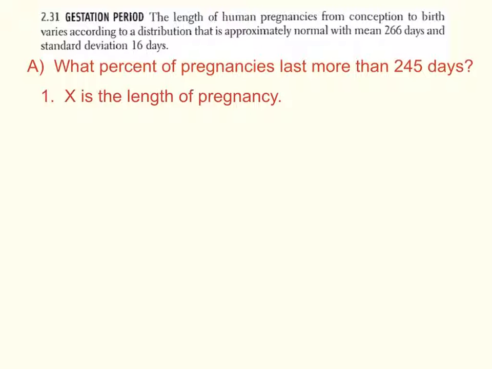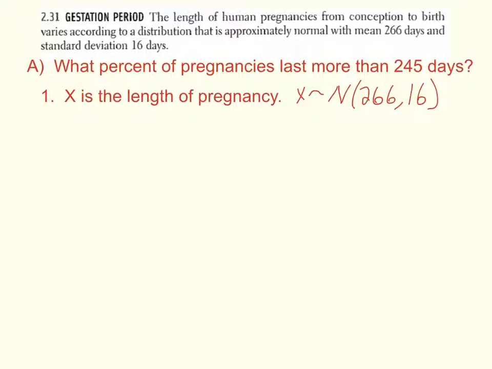And so now you want to write normal notation describing that X is approximately normally distributed with a mean of 266 and a standard deviation of 16.